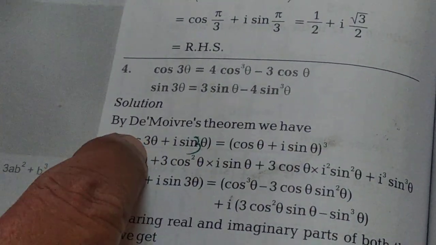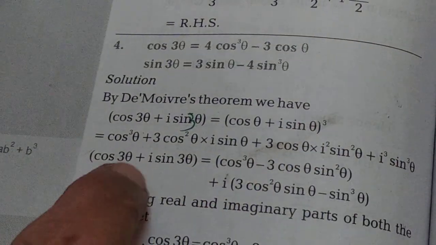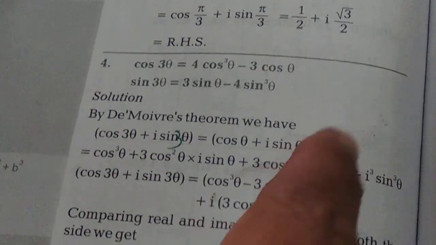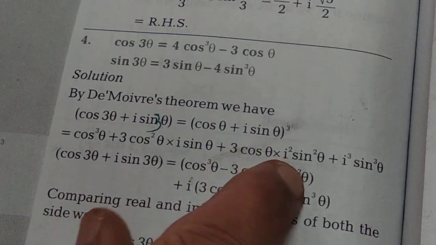Cos 3 theta plus I sin 3 theta means cos theta plus I sin theta raised to 3. So this multiplying factor we take it in terms of power. So then cos theta plus I sin theta raised to 3 is cos cube theta plus 3 cos square theta into I sin theta plus 3 cos theta into I square sin square theta plus I cube sin cube theta.